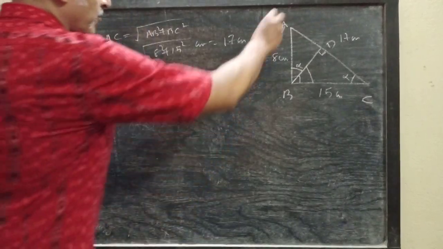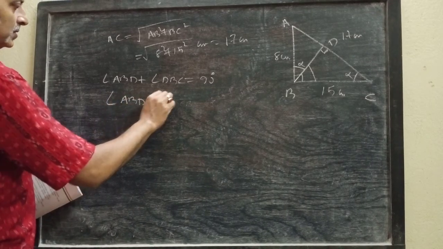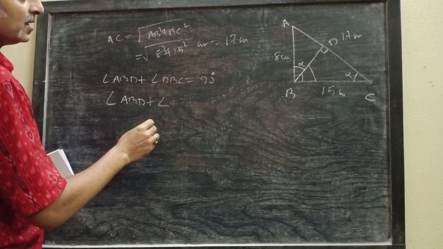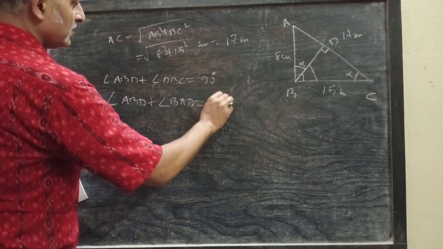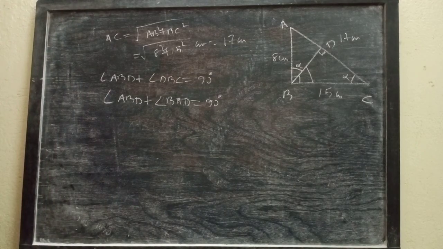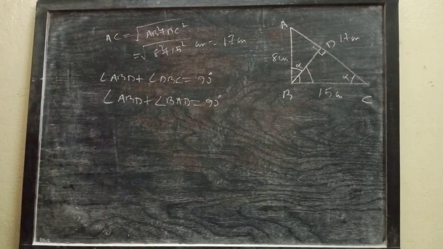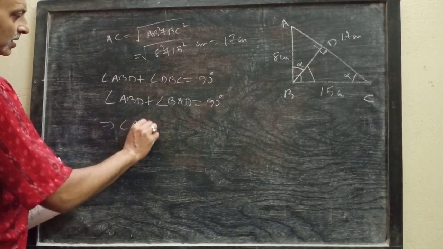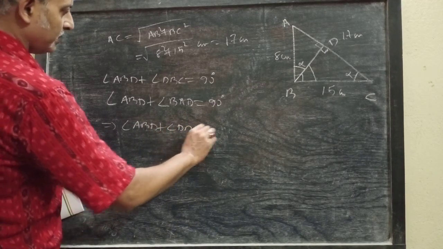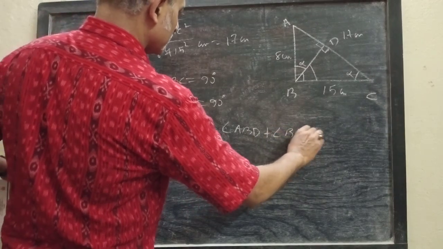Again, from triangle ABD we have angle ABD plus angle BAD. This is also 90 degree, because this angle is a right angle, so these two angles must be complementary. So that's why angle ABD plus angle BAD is 90 degree. Similarly, we can write these two sums equal, that is ABD plus DBC equals ABD plus BAD.